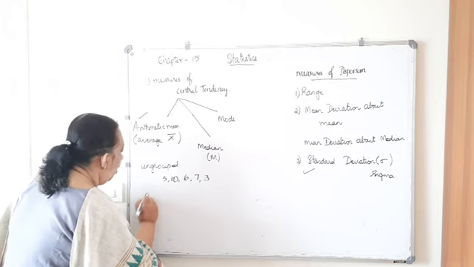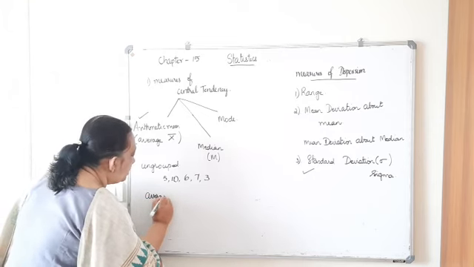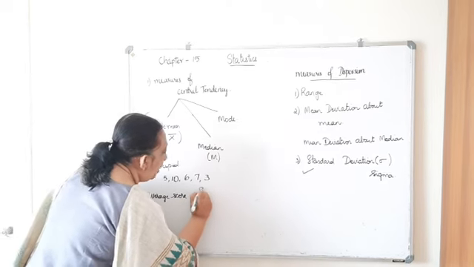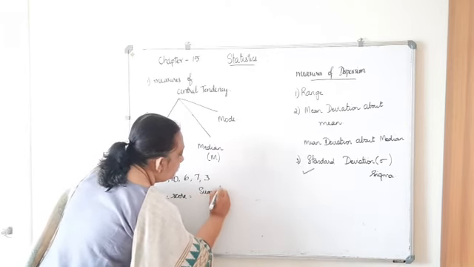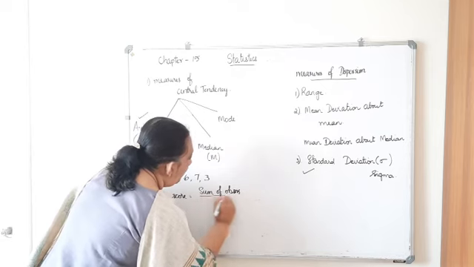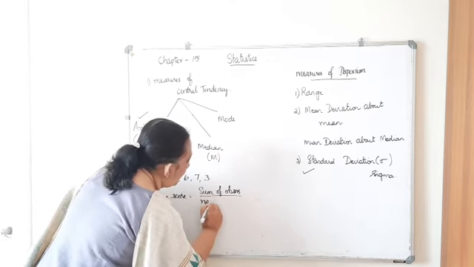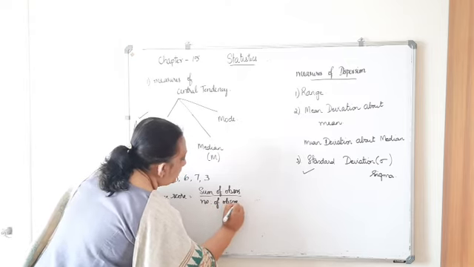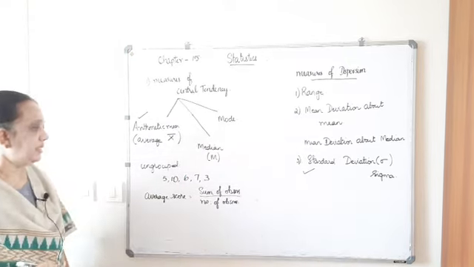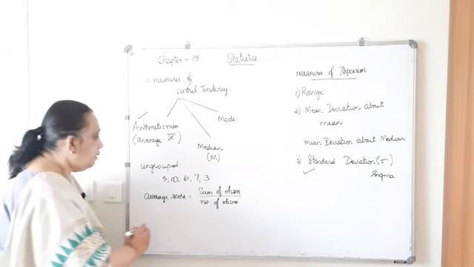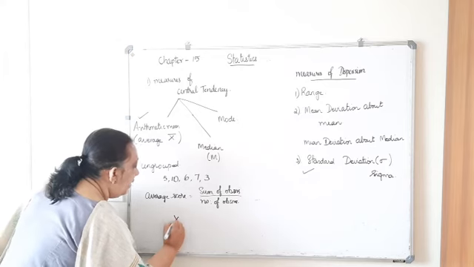Average score or arithmetic mean of the 5 students is equal to the sum of the observations divided by the number of observations. The average score will be denoted by x bar.